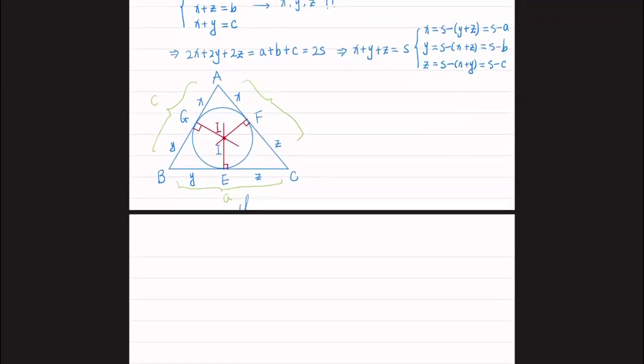Let me remove this. So for this part, I'm going to connect.